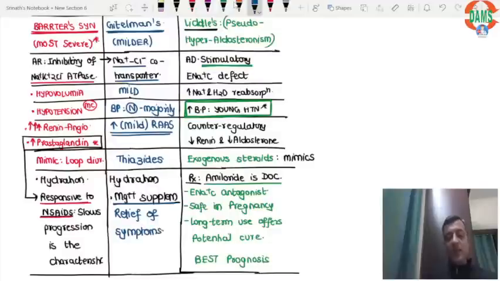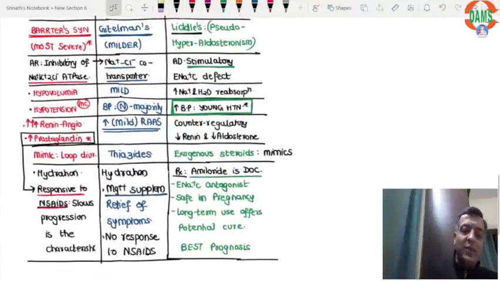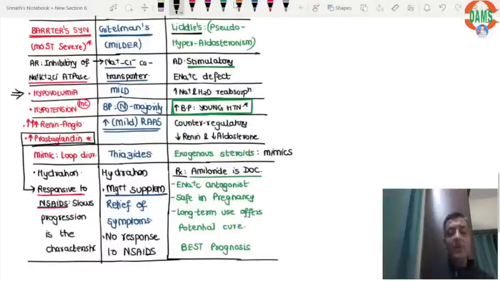But in Gitelman syndrome, there is no response to NSAIDs. And that is why, when you compare Bartter's versus Gitelman syndrome, what do they both have? Both have hypovolemia.